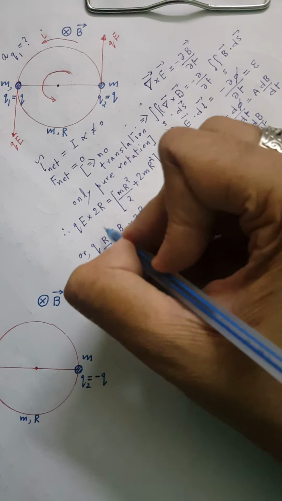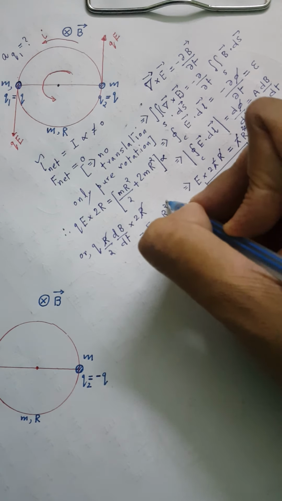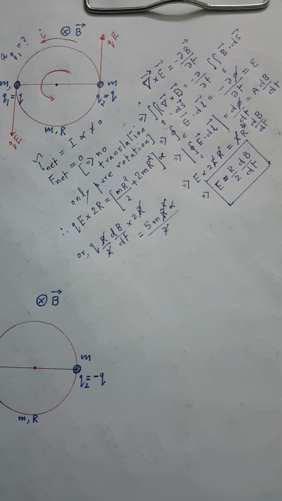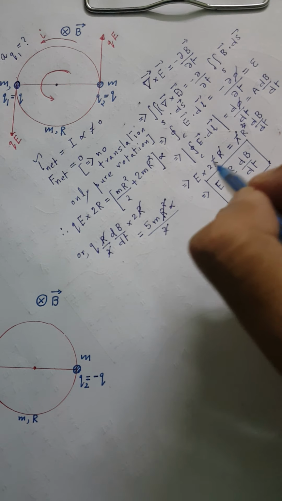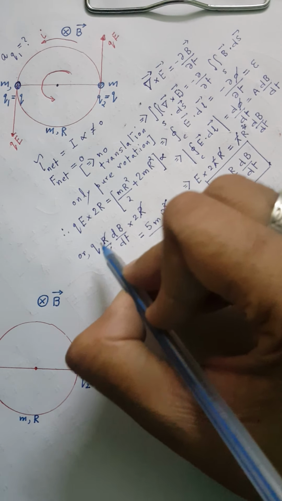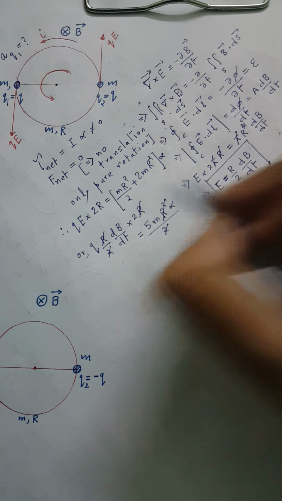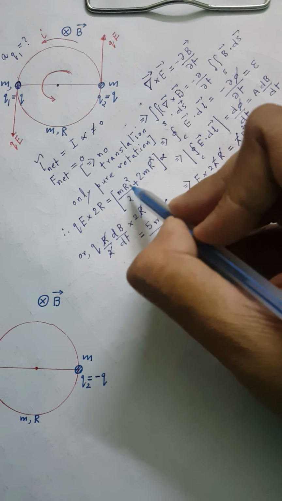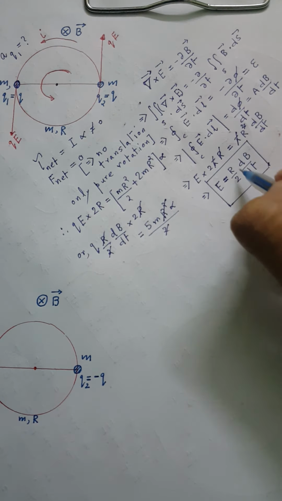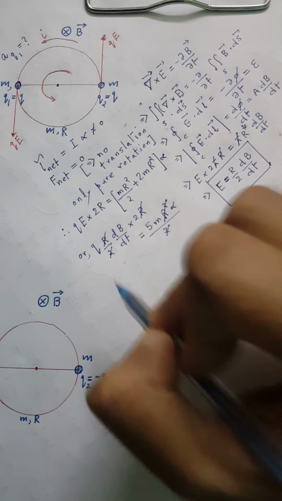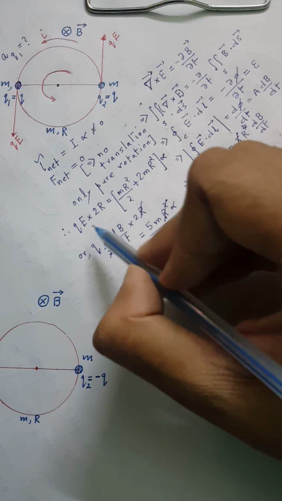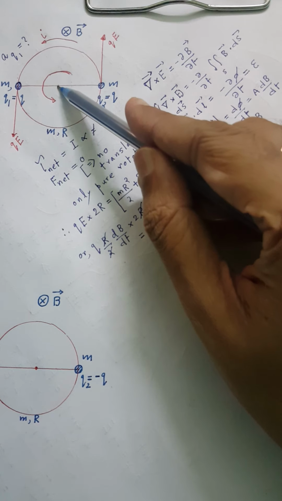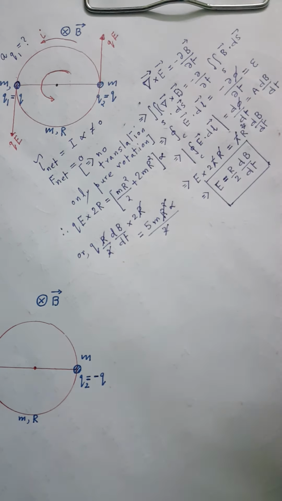Let's cancel off whatever we have. So r into r² goes, this 2 goes. Please see the substitution. QE into 2r equals I alpha. So E is (r/2)(dB/dt). And what else we have got? mr² by 2 is the moment of inertia of the disk about an axis passing through the center of the disk perpendicular to its plane.